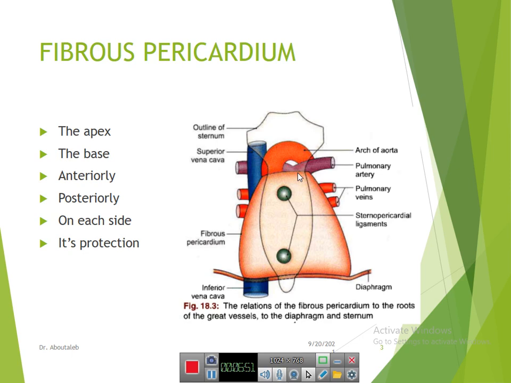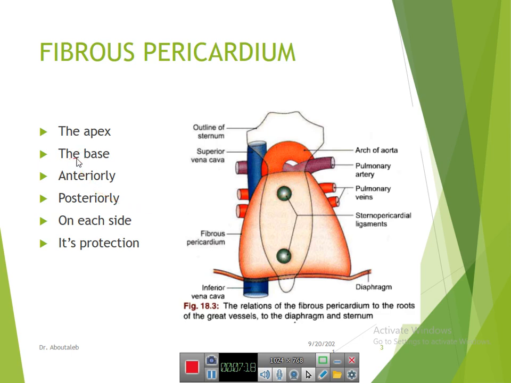It is fused with the roots of the great vessels and with the pretracheal fascia. Back of the fibrous pericardium, there are great vessels, for example, superior vena cava, ascending aorta, and pulmonary trunk.